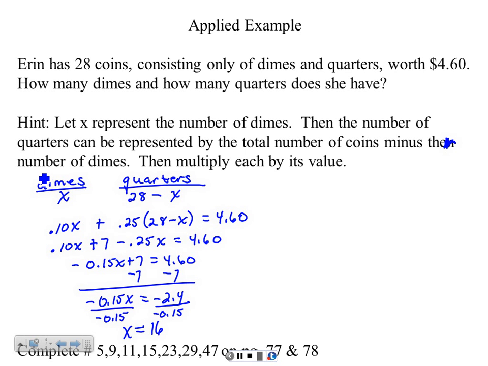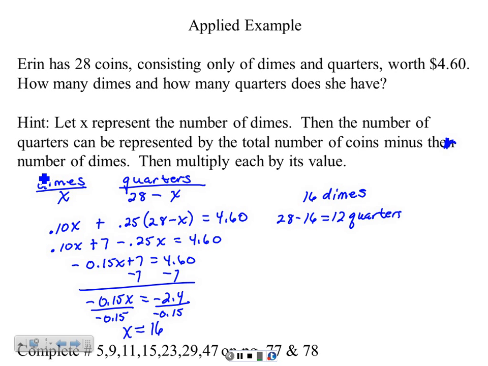Alright, so we said that x represented the number of dimes. So there are 16 dimes. And then 28 minus 16 is going to give us the quarters. So 28 minus 16 is going to give us 12 quarters.